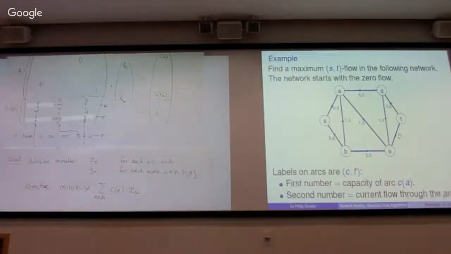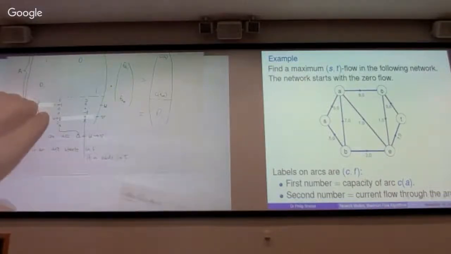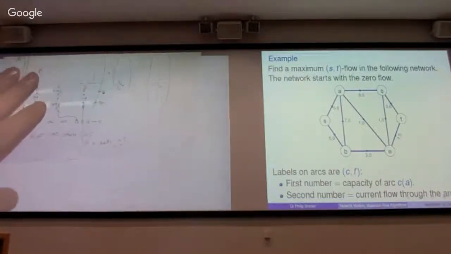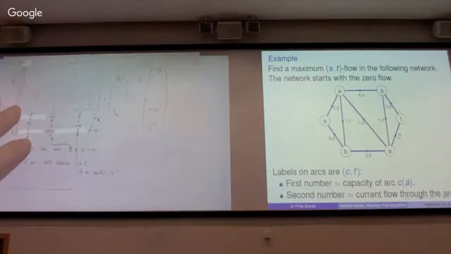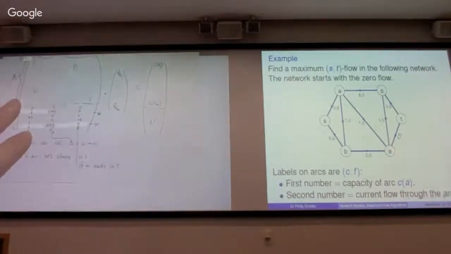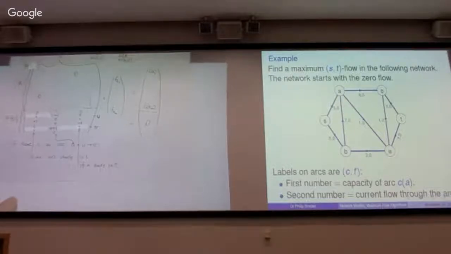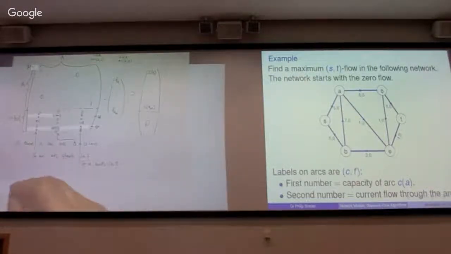Now the constraints. That's the hard bit. How many constraints are there going to be, excluding any kind of non-negativity?